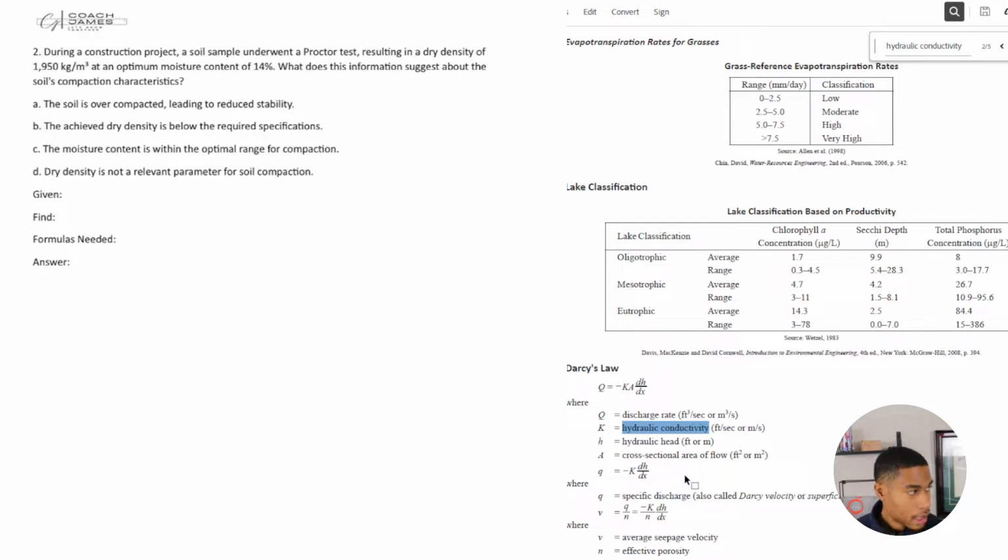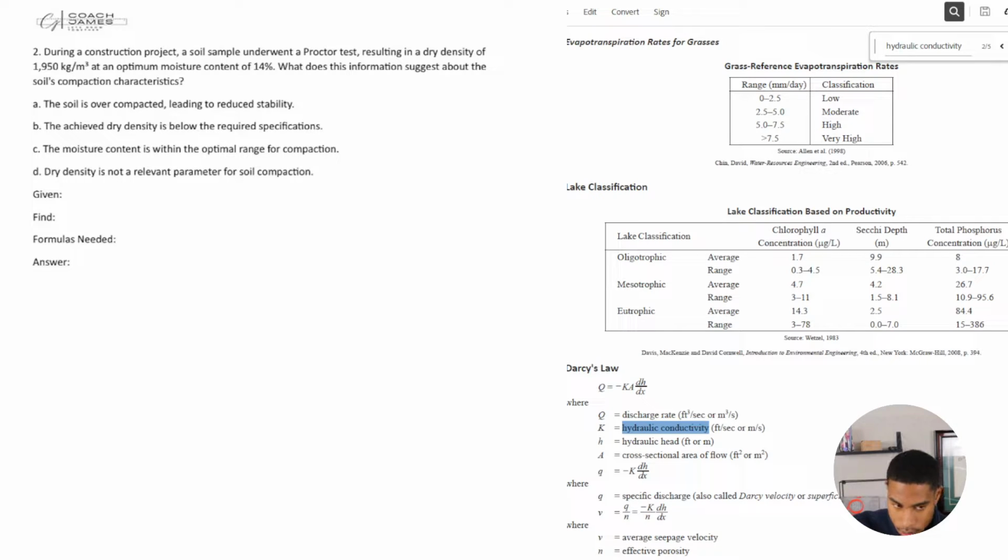All right, let's look at number 2. So it says, during a construction project, a soil sample underwent a Proctor test, resulting in a dry density of 1,950 kilograms per meter cubed at an optimum moisture content of 14%. What does this information suggest about the soil's compaction characteristics? Okay, so let's write out what we're given.